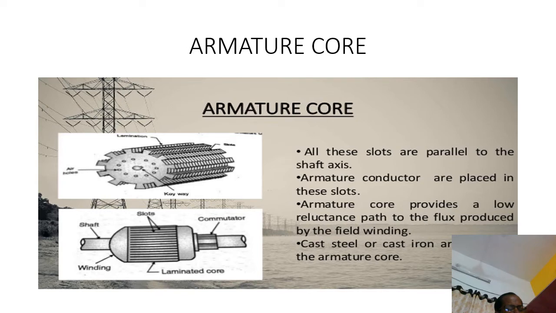Slots are provided on the outer periphery of the core to house the winding in proper position, and the keyway is provided on the inner diameter to fix it on the shaft. Air holes or ventilating ducts are provided, which permit the axial flow of air for cooling purposes. All the laminations are immersed in varnish.